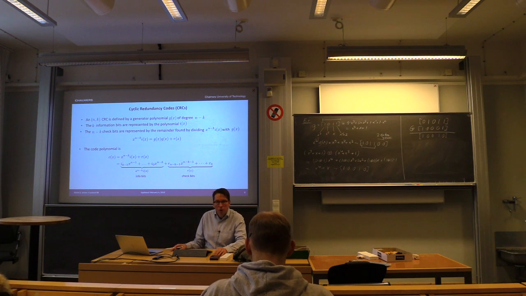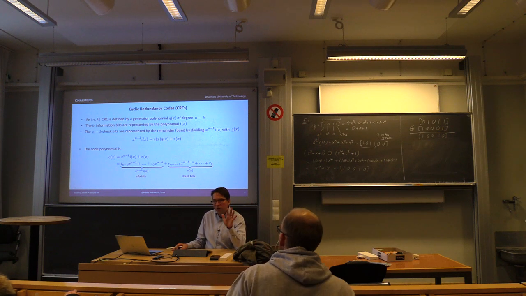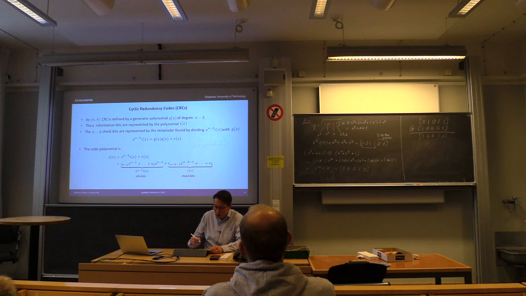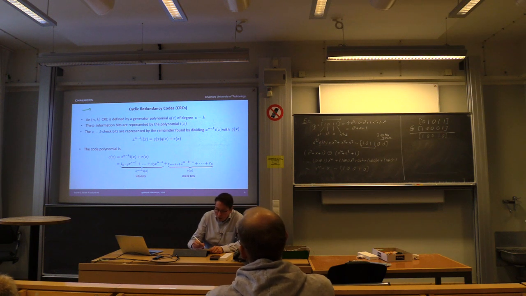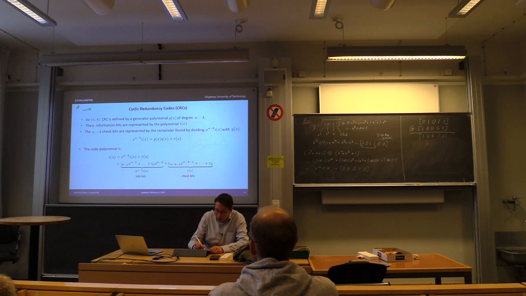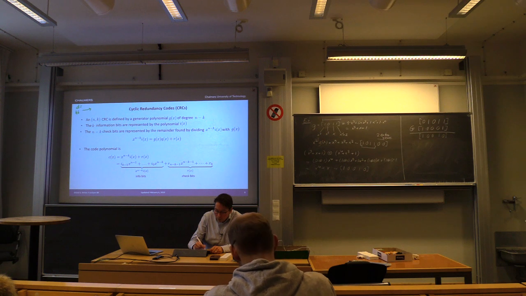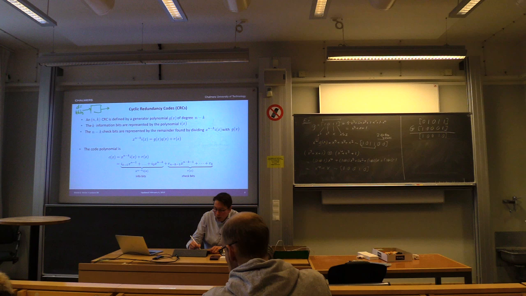How do they work? Well, remember, we have k bits as the input to the encoder. So we have D, which is k bits. And then we want to produce a systematic code which has the D bits from the beginning and then P parity bits, where P is n minus k bits.